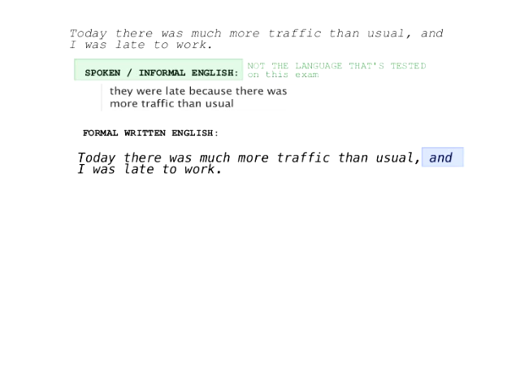But what this connector means is that these two things are independent and separate. They are not related in terms of cause and effect or sub-point or anything like that.